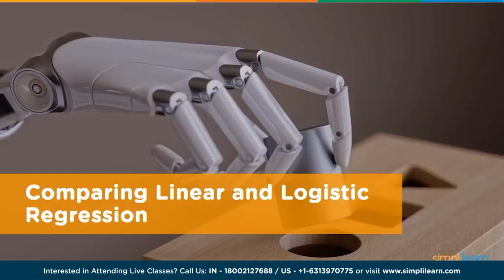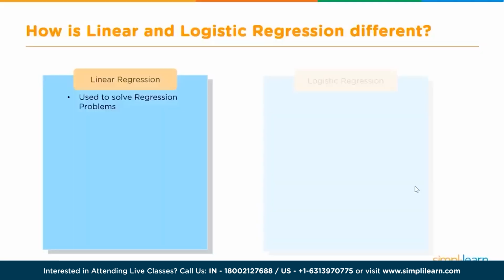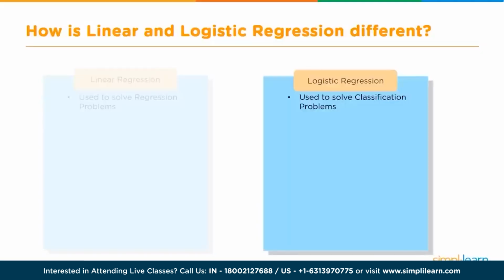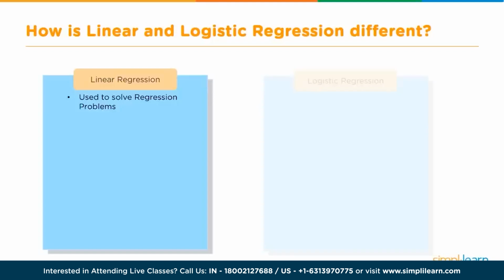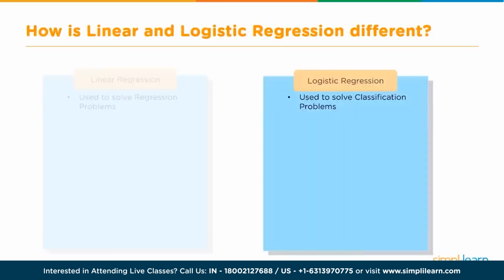So let's compare linear and logistic regression, how they are different from each other. Linear regression is used to solve regression problems, and logistic regression is used to solve classification problems. So both are called regression, but linear regression is used for solving regression problems where we predict continuous values, whereas logistic regression is used for solving classification problems where we have to predict discrete values.